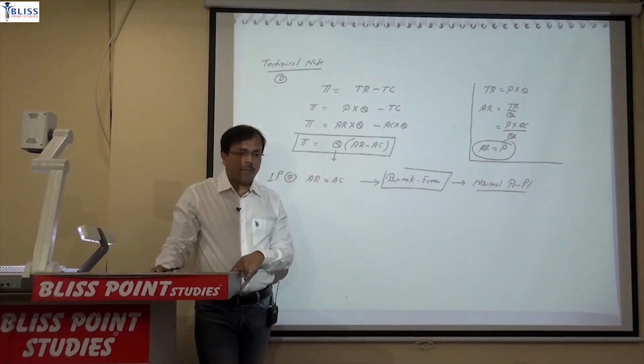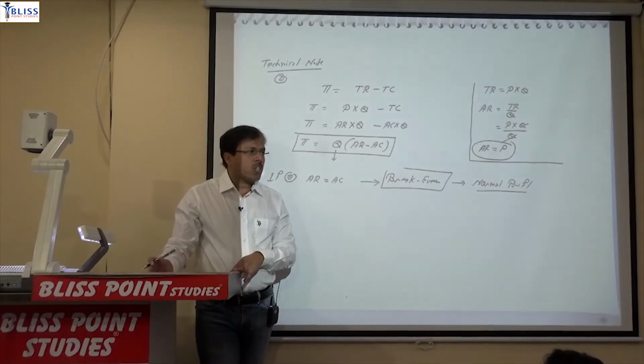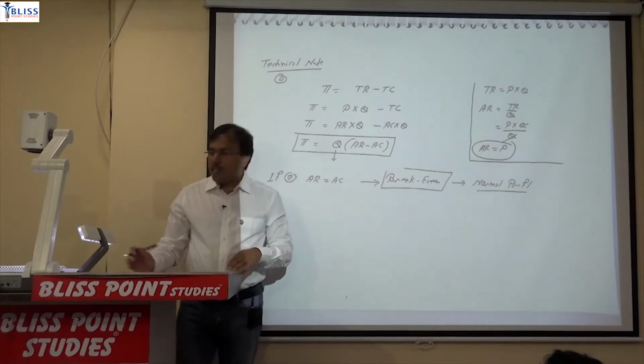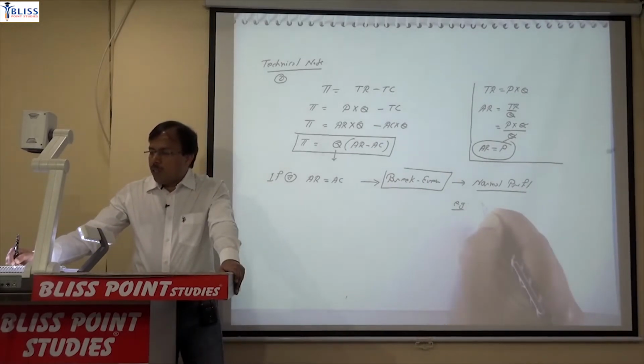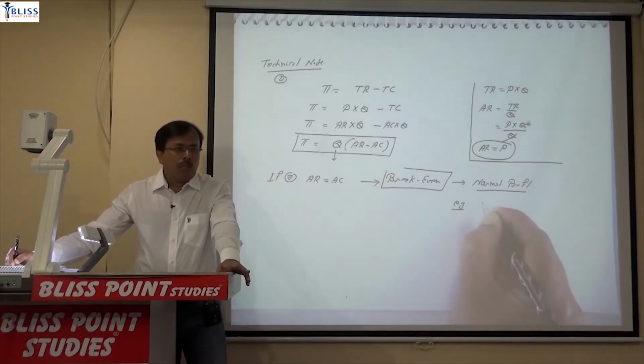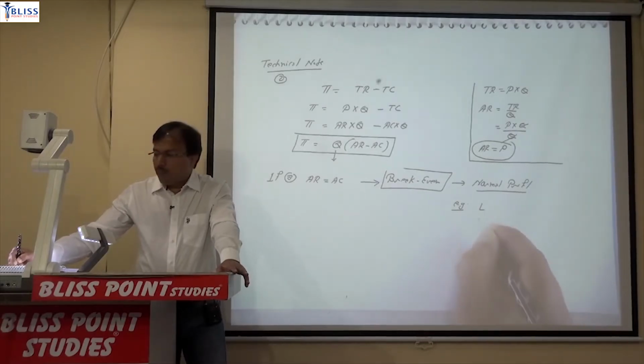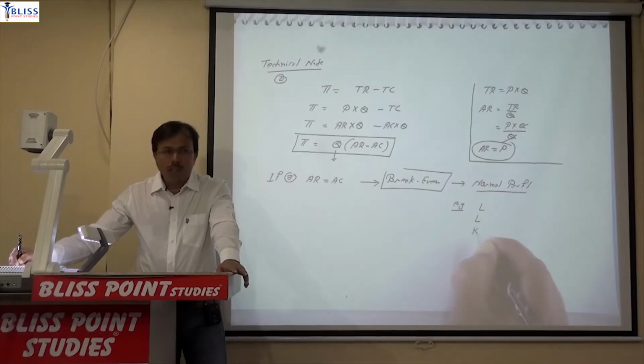Why normal profit? Because normal profit is included in cost. Cost में included है. Just for example, cost का मतलब हो गया, suppose in order to produce a commodity you use labor, land, capital, entrepreneur.